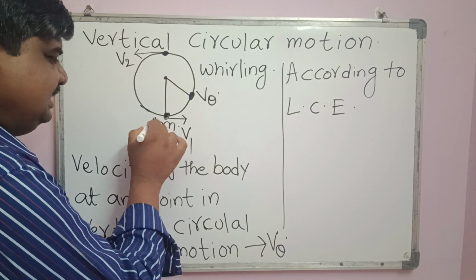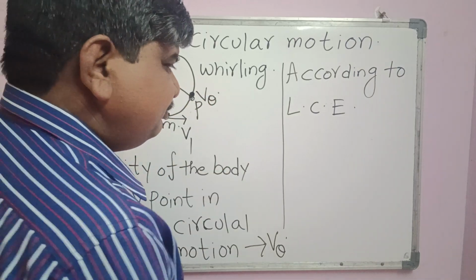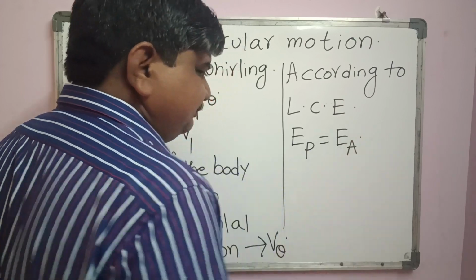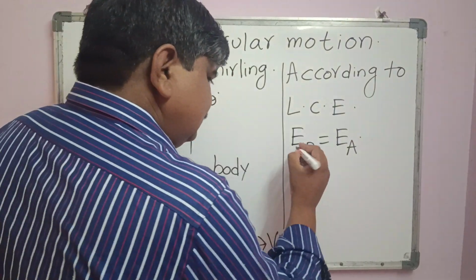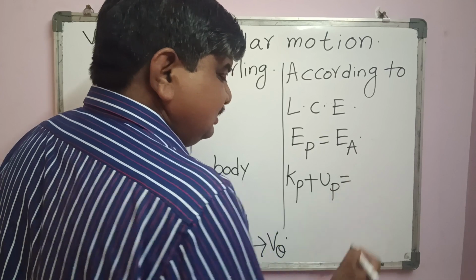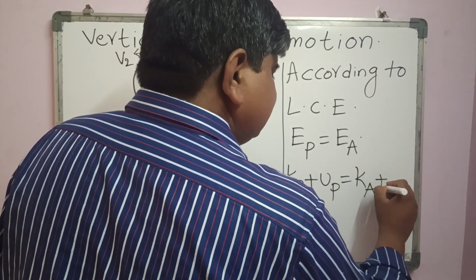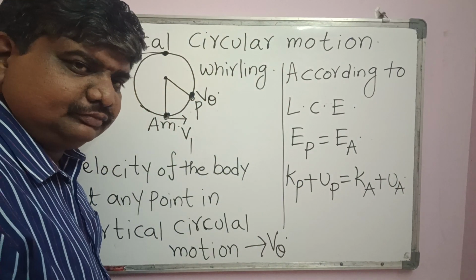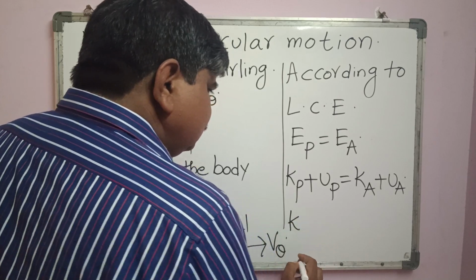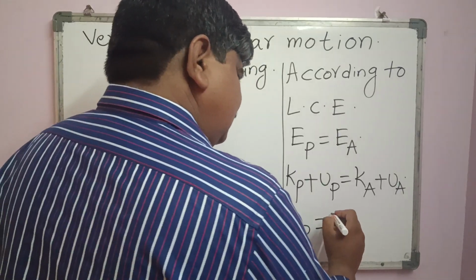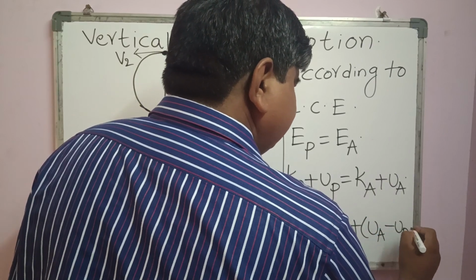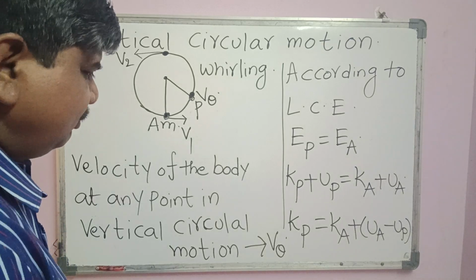The lowest position is A, and this position is P. So we can say that total energy at P is equal to total energy at A. Total energy at P is defined as the sum of kinetic energy plus potential energy, which equals kinetic energy at A plus potential energy at A. So we can write Kp equals Ka plus Ua minus Up. Let me solve this.